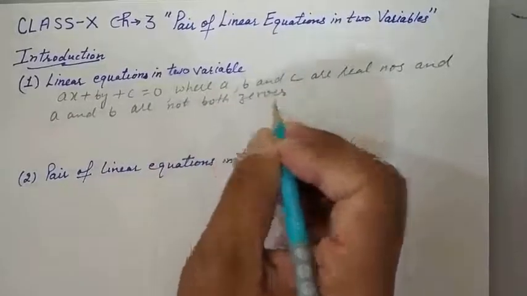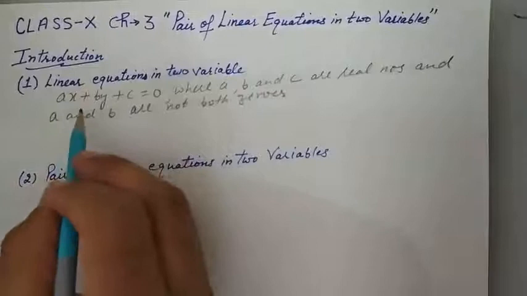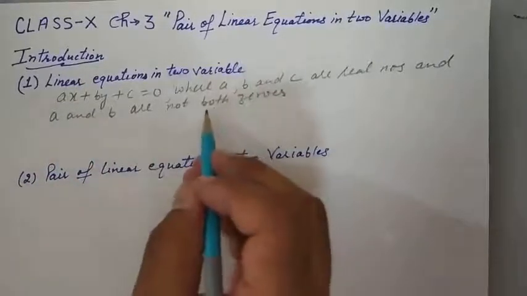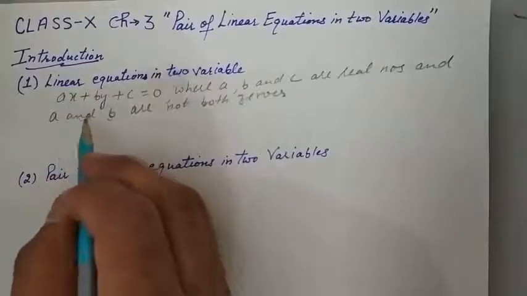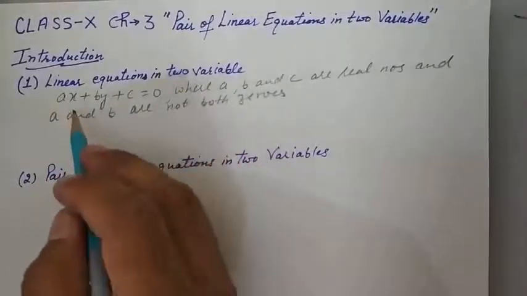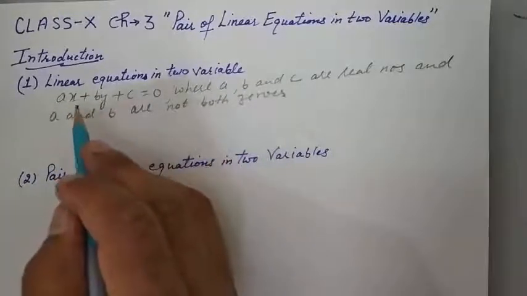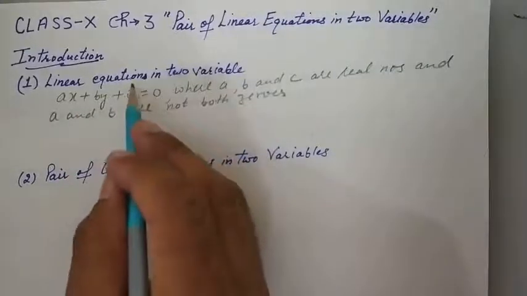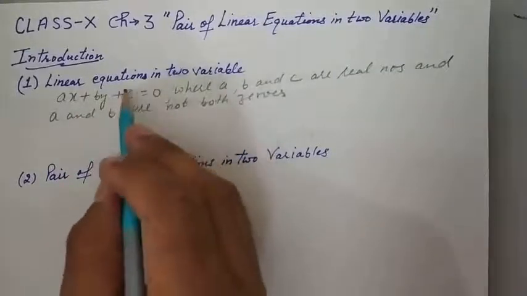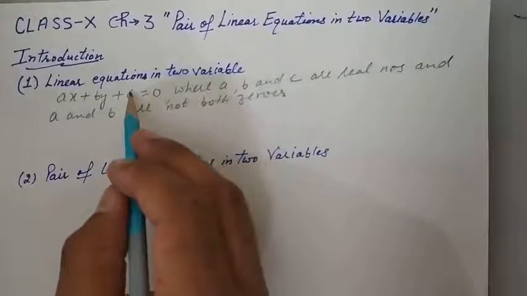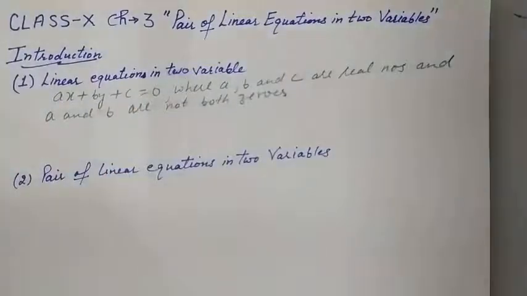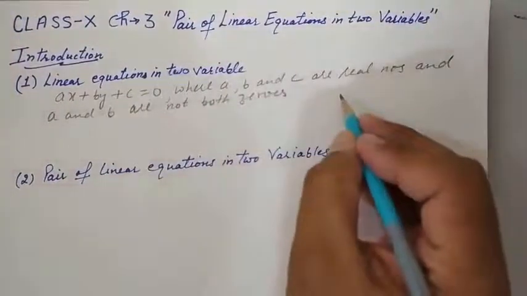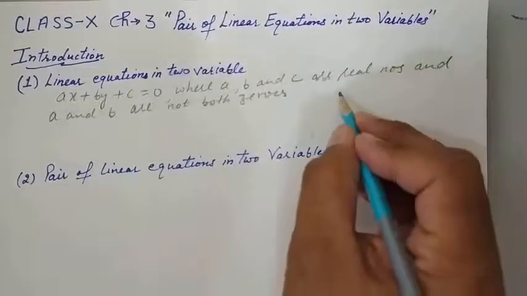It means a and b both cannot be 0 together. One can be 0 at a time, but both a and b cannot be 0, because if both a and b are 0 at a time, then it will not be a linear equation in two variables. It will become just c is equal to 0, which is not a linear equation in two variables.